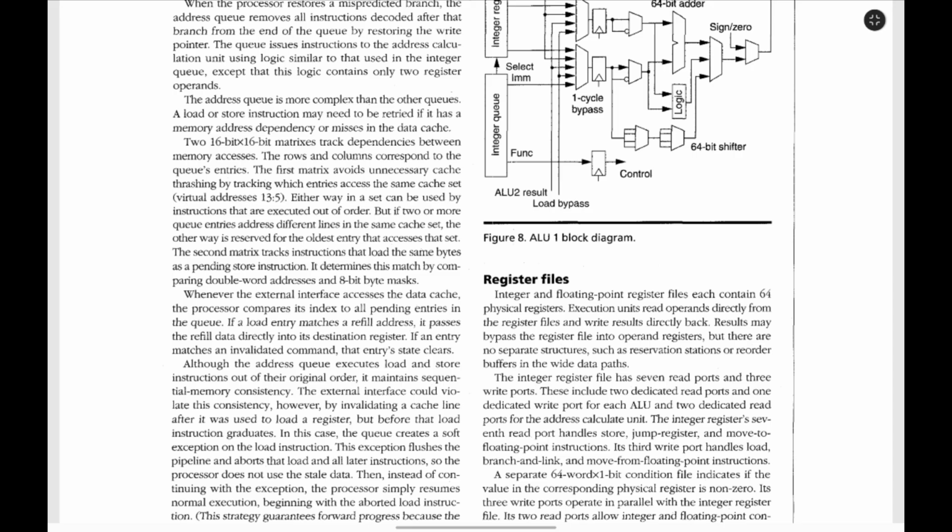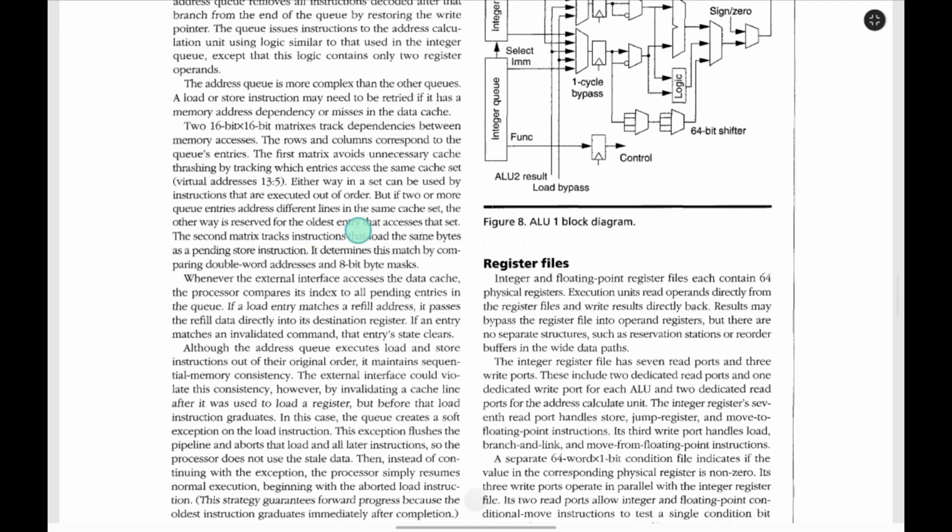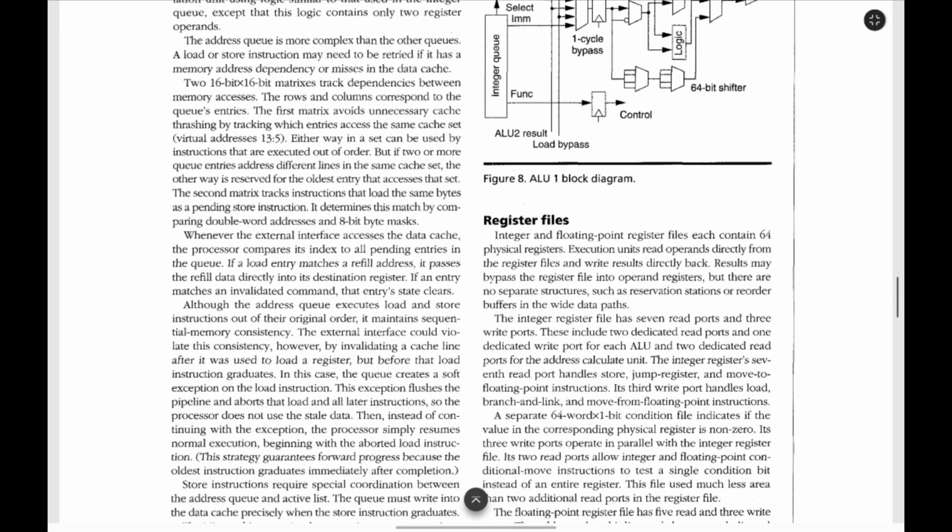But if two or more queue entries address different lines in the same cache set, the other way is reserved for the oldest entry to access the set. The second matrix tracks instructions that load the same bytes as a pending store instruction. It determines this match by comparing double-word addresses and 8-bit byte masks.